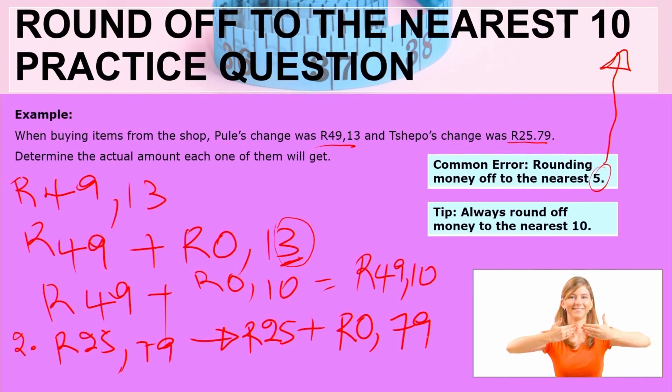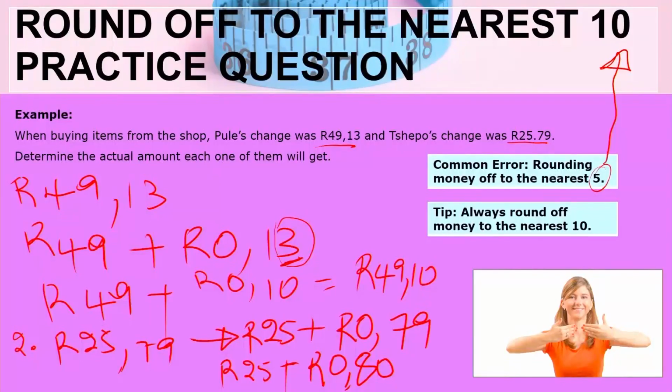So if 9 is greater than 4, then this will be adjusted upwards, and 0.79 will now be 80 cents. So now we are saying 25 Rand plus 0.80 will then give us 25 Rand 80. So this is the calculation that we had to do.